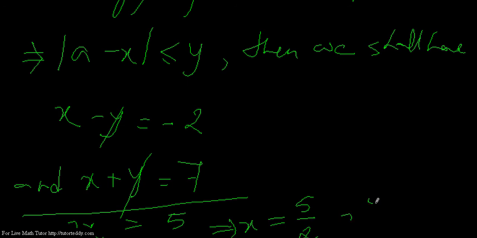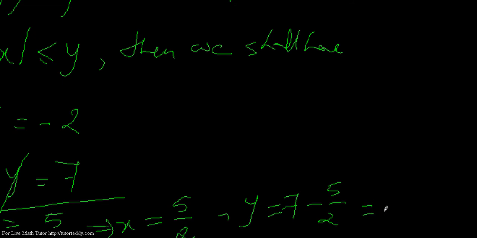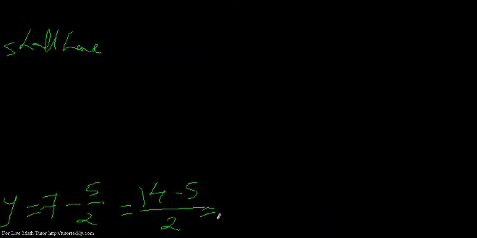And y is how much? Take any equation, say this equation. So y is 7 minus x, that means 7 minus 5 by 2. With LCM 2, 7 twos are 14 minus 5, that will give me 9 by 2.